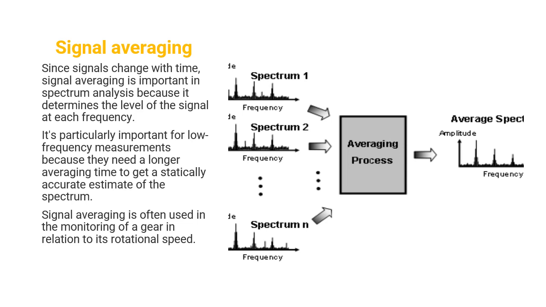Signal averaging is often used in monitoring of a gear in relation to its rotation speed. But signal averaging is a very common thing and it is built into various vibration analyzers.